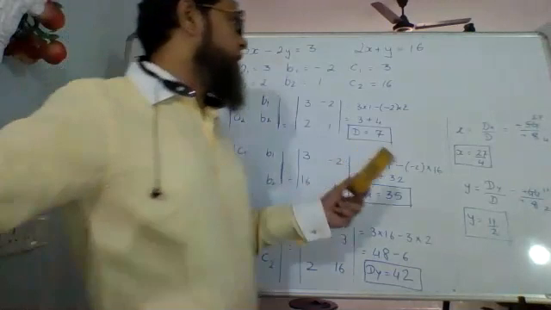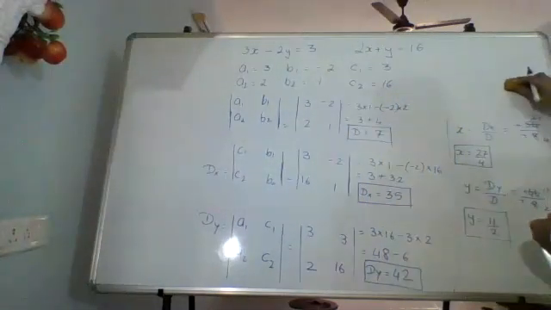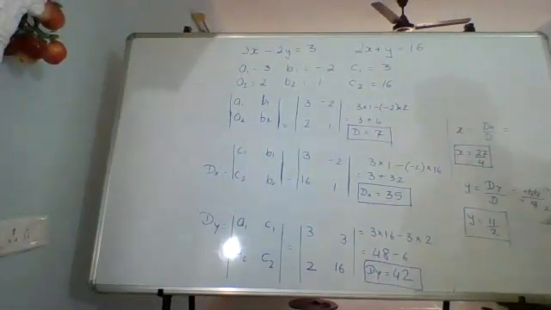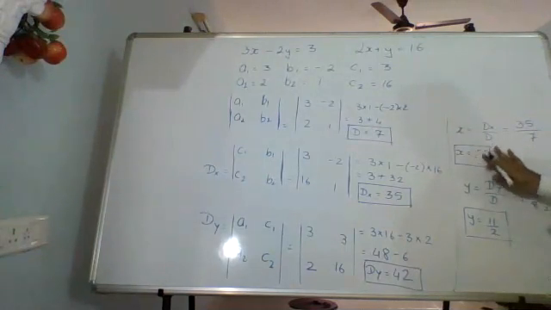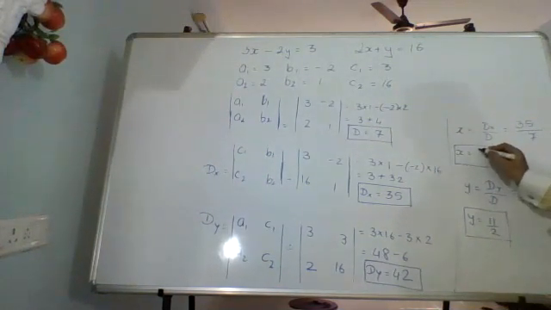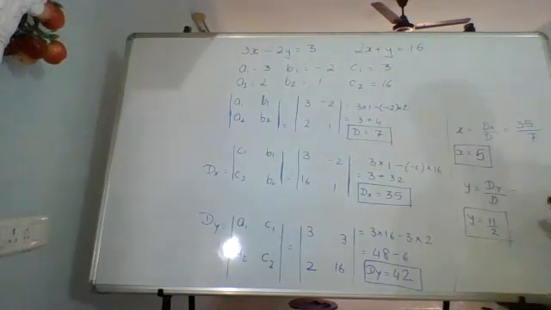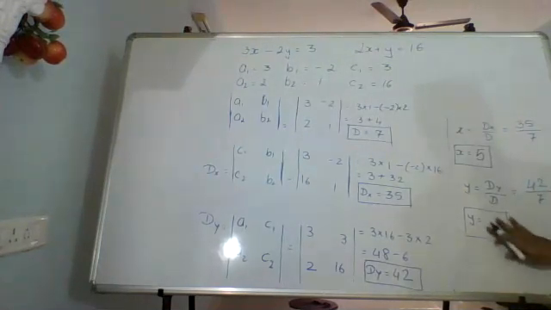So now after that we have to just solve using the same: x equals Dx upon D, that is 35 upon 7. X is going to be 5. Y is Dy upon D, Dy is 42 upon 7. So y is going to be 6.